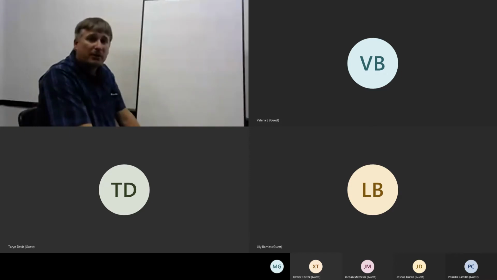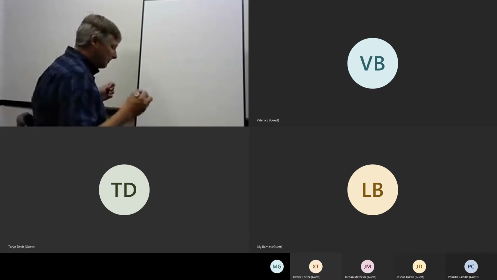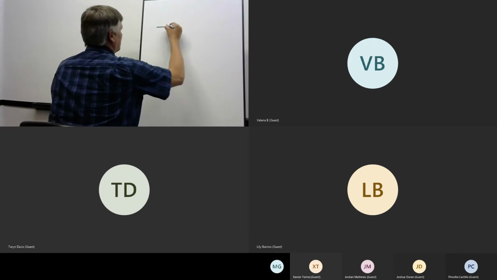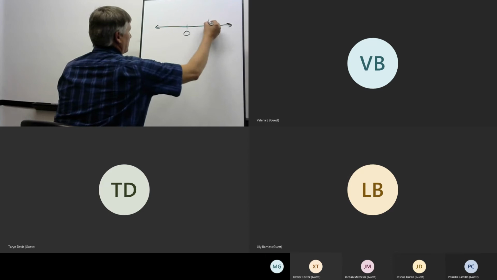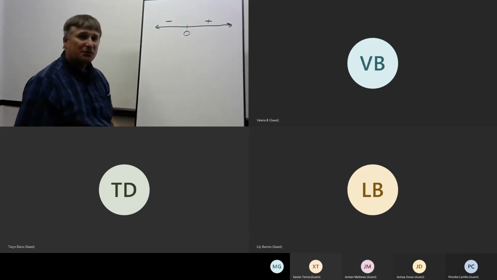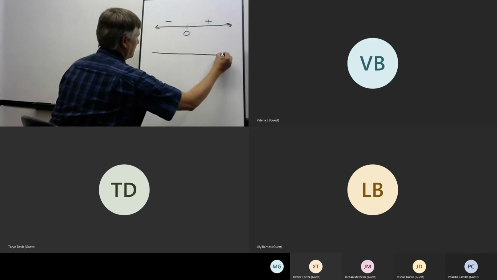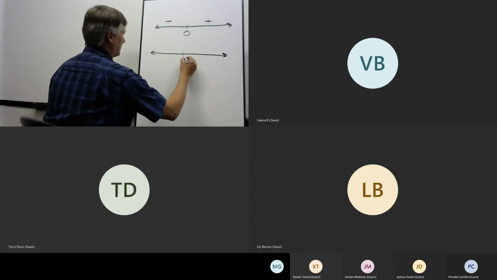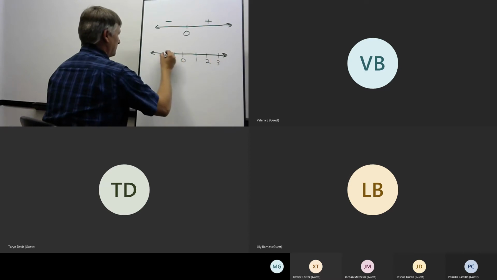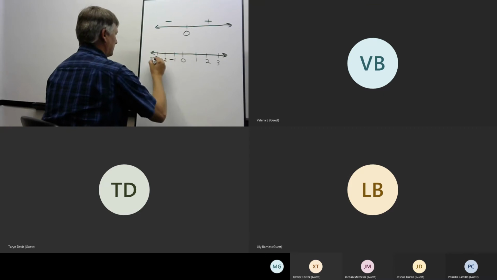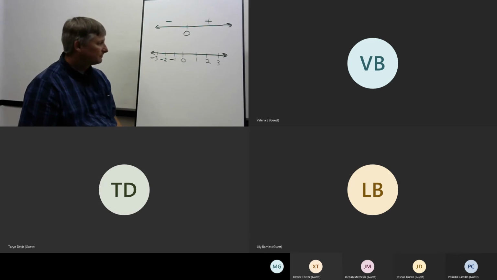So this is a review of how to do operations with negative numbers. There's addition, subtraction, multiplication, and division. First off, what are negative numbers? They're just the numbers to the left of 0. So positive numbers are to the right, negative numbers to the left.